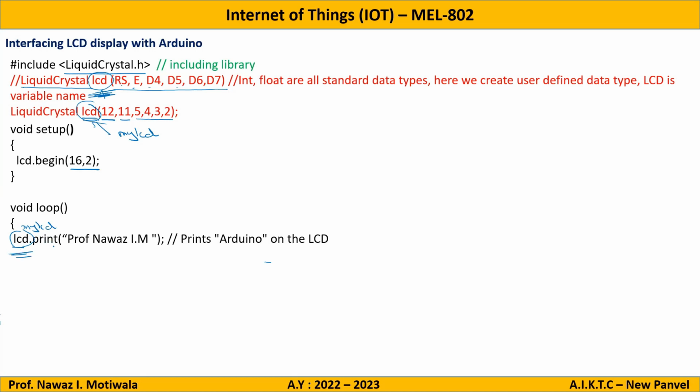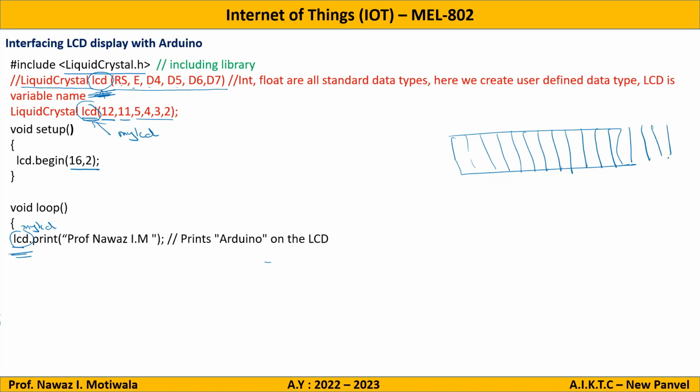So what I am writing is lcd.print Professor Nawaz IN. This will print on the LCD screen. By default, the screen has 16 columns and 2 rows.